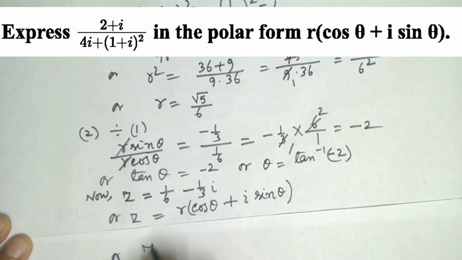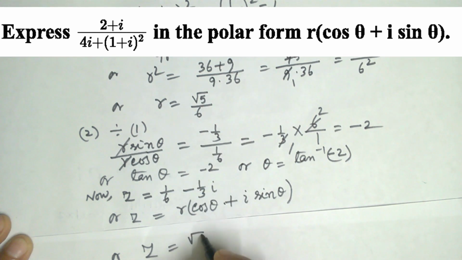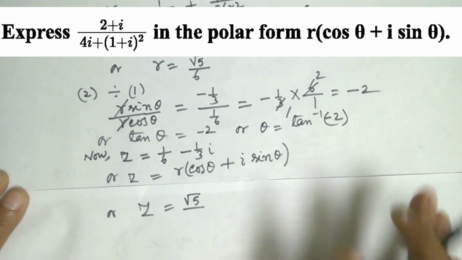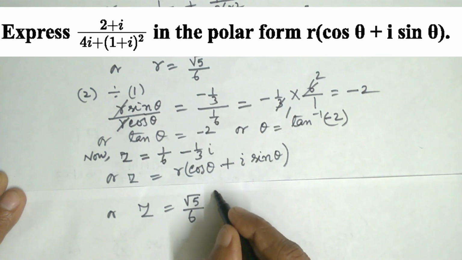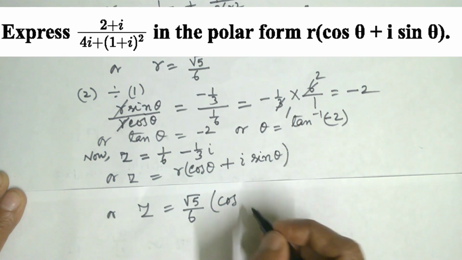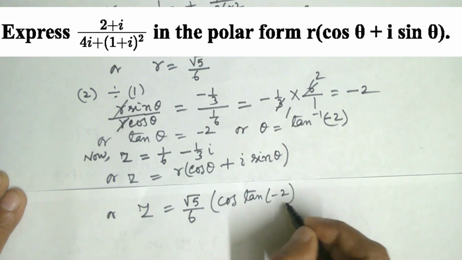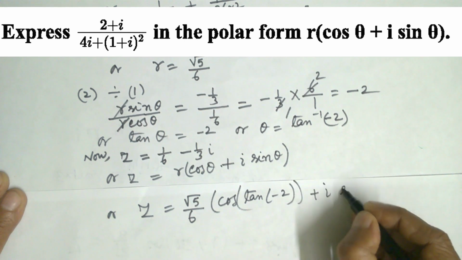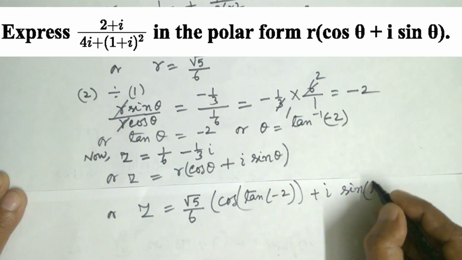Or z is equal to, put the value of r, root 5 by 6, cos of θ, where θ is equal to tan inverse of minus 2, plus i sin of θ.